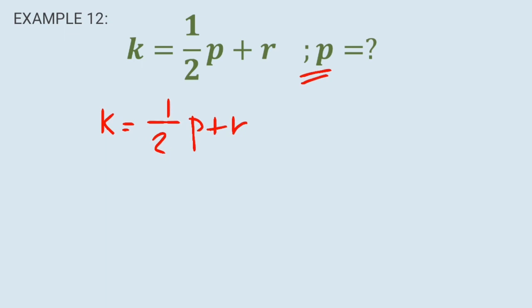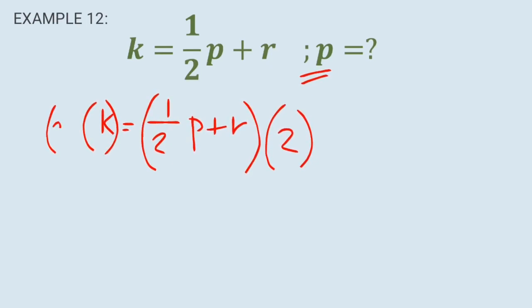So to remove that, we are to multiply by 2, and also on this side. Now, we can cancel this out, 2 and 2. And we are left with P plus R and 2K.